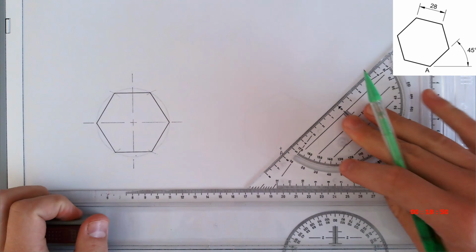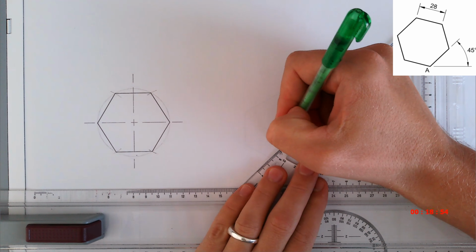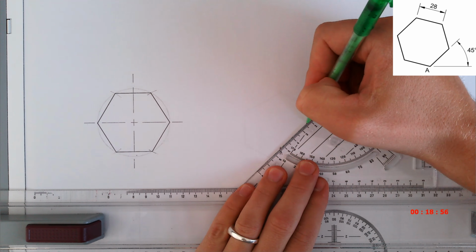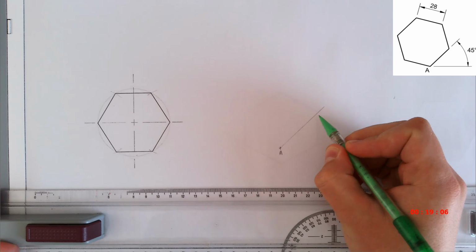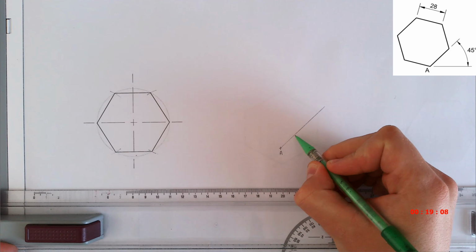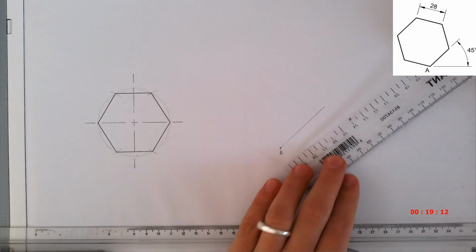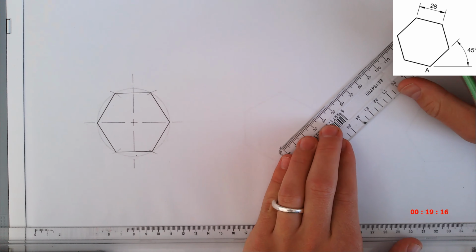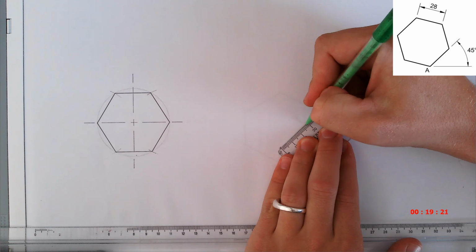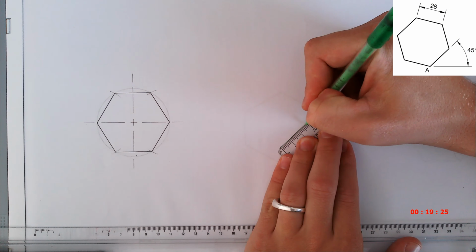So I'm going to draw first a line. This is a construction line. A light line first. And now I'm going to mark off the 28. This line is at 45 degrees. So 28 is over there. I can draw that line hard.